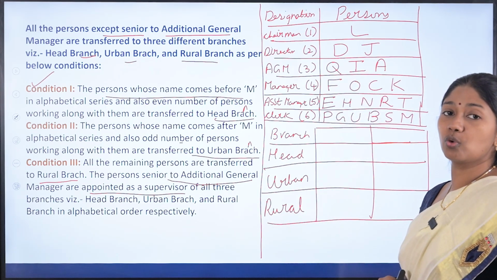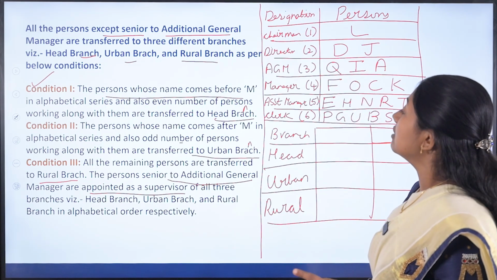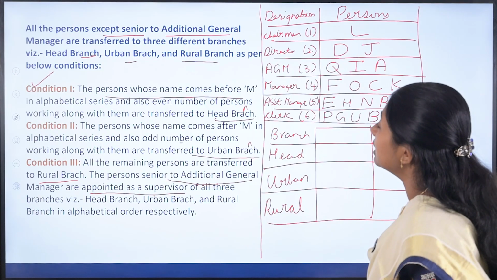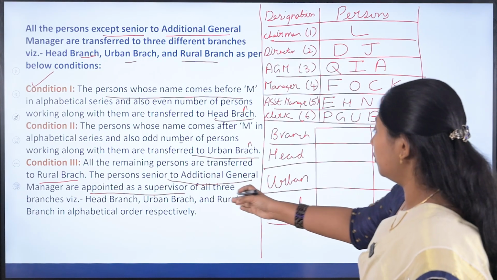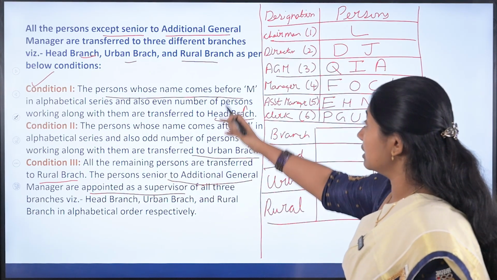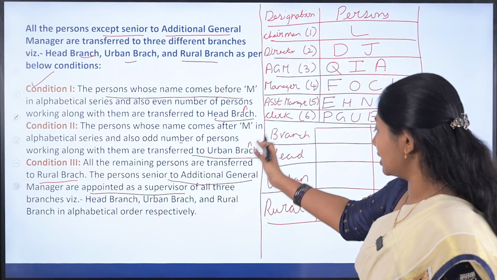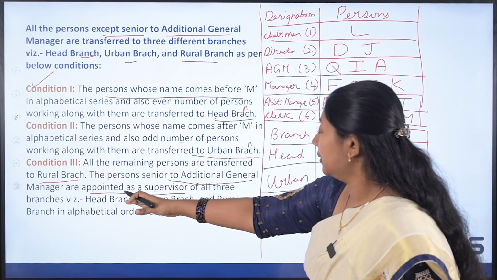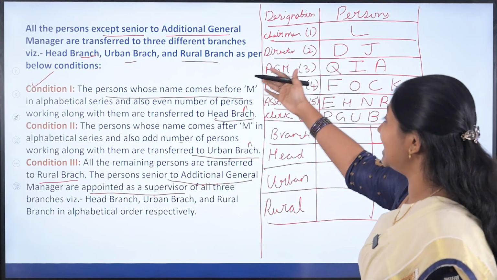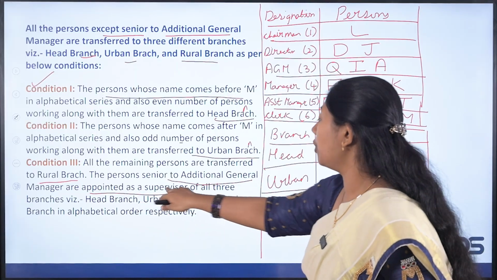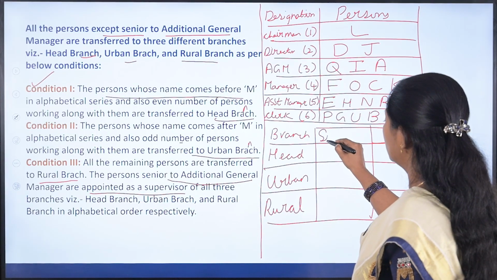So the persons whose names satisfy the condition are transferred to these branches, and the persons who are senior to AGM are appointed as supervisors.